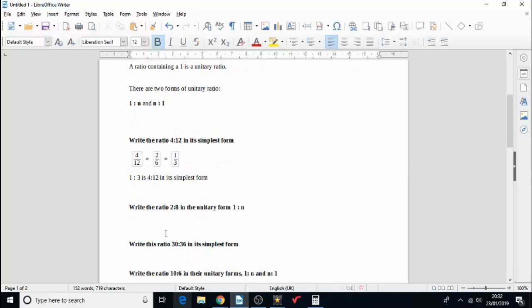Write the ratio 2 to 8 in the unitary form 1 to n. Writing a ratio in its unitary form means converting the ratio to 1 to something, with n. The question is asking to make 2 to 8 in the form of 1 to n.